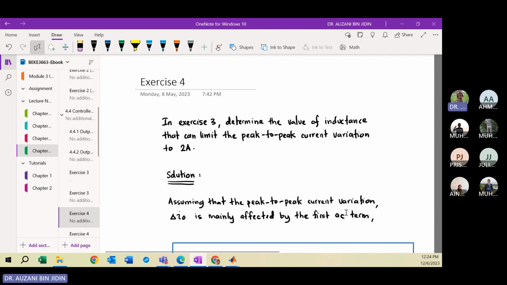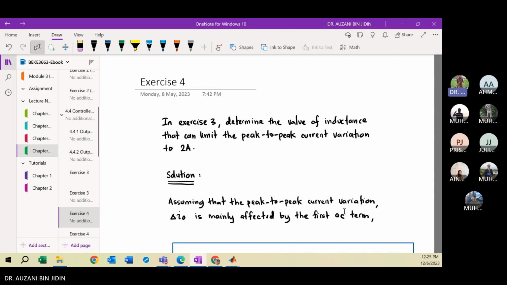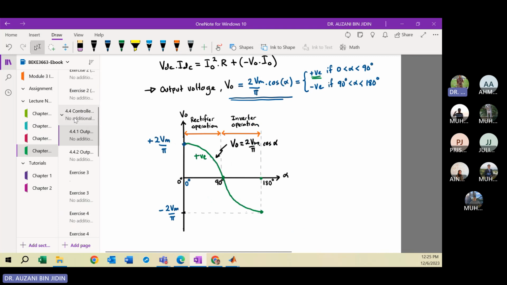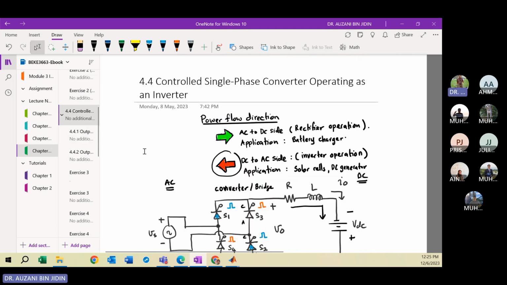So what is the first AC term for the single phase rectifier? Your N is what? N equal to 1, 3, 4, 5? N is 2. Because if you look at the waveform, for one cycle of the source voltage, you actually have 2 cycles of the output voltage and output current.